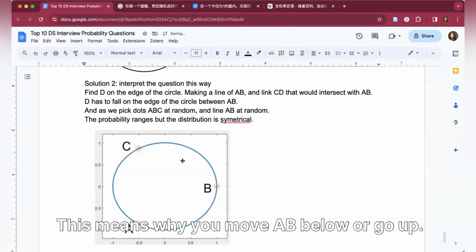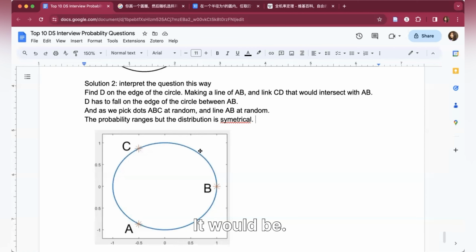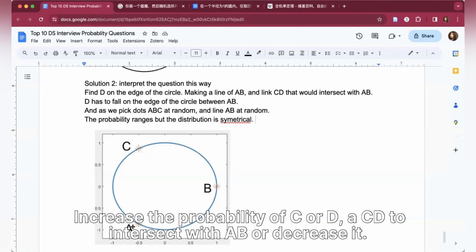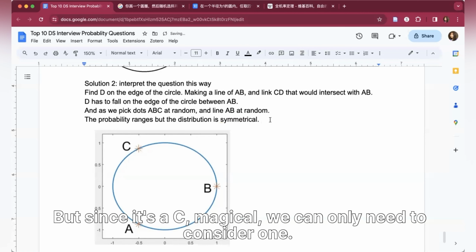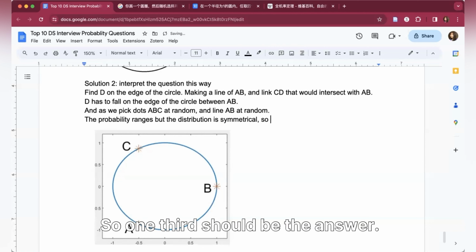This means when you move AB up or down, it would increase the probability of CD intersecting with AB, or decrease it. But since it's symmetrical, we only need to consider when it's a perfect triangle, right? So 1/3 should be the answer.